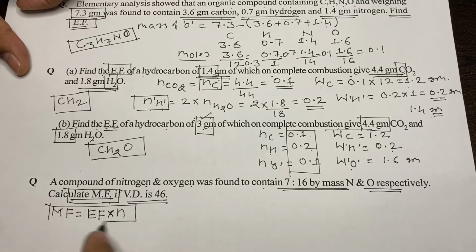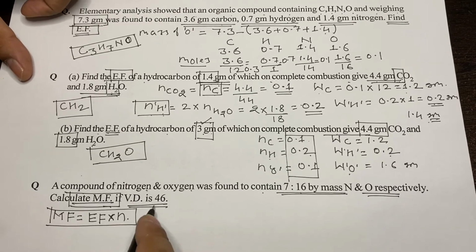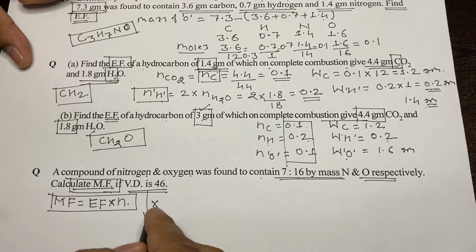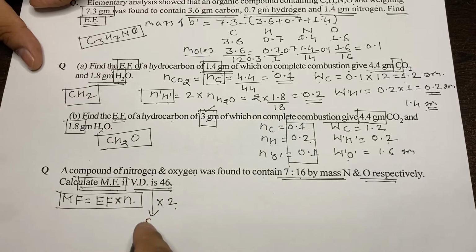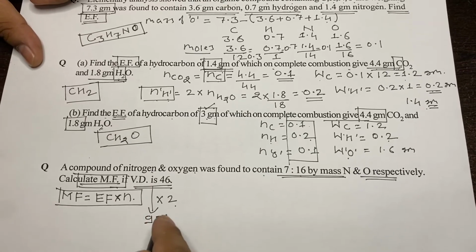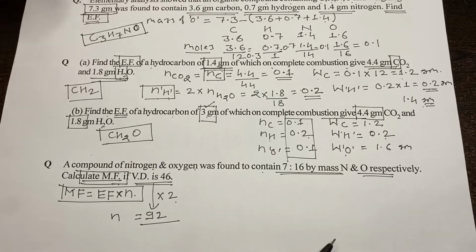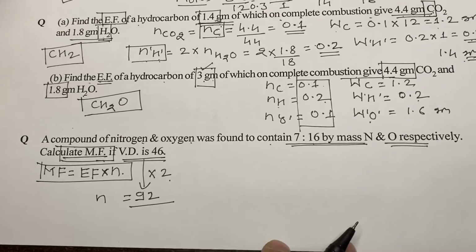So it is required to calculate the value of n. The vapor density is 46, so when we multiply this vapor density by 2, we get the molecular mass, which is equal to 92. To calculate n, it is required to find the empirical formula first, then we will find the empirical formula mass.